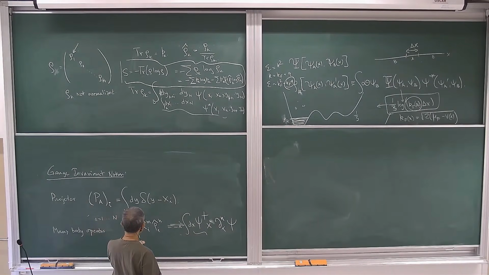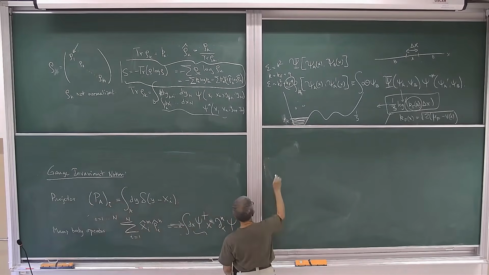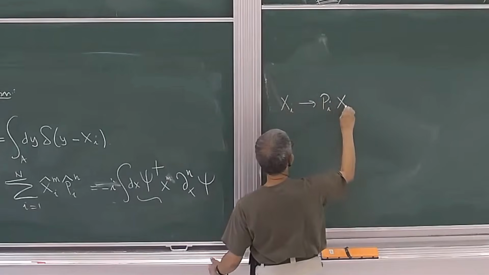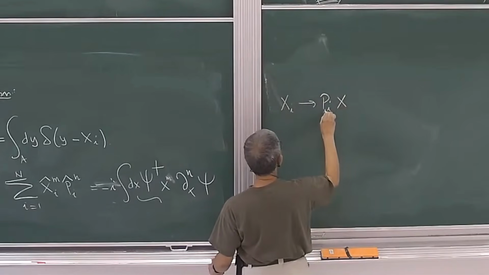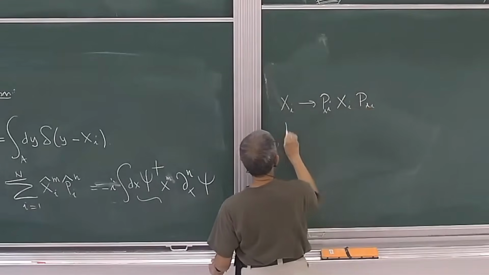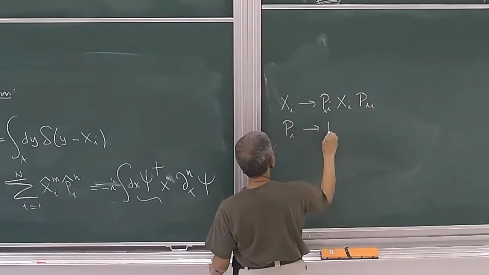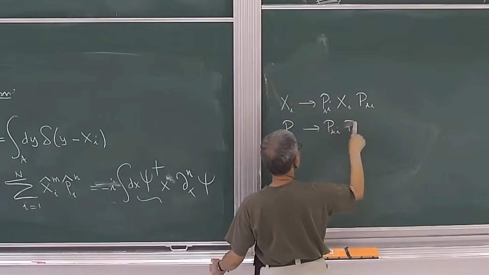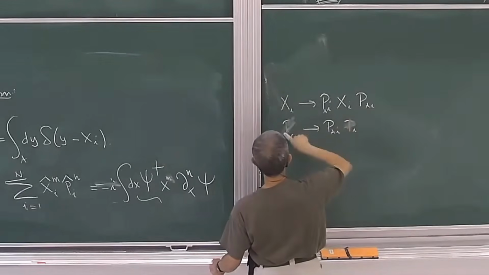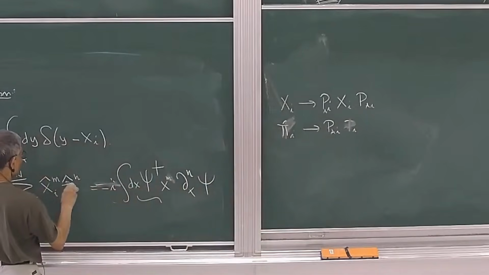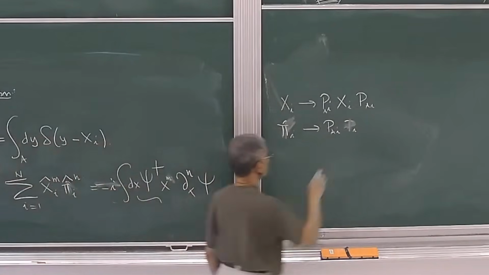Given some operator like this, you replace it with an operator where all the x_i's are replaced by their projections, and all the p_i's are replaced too. Let's call it pi, the conjugate momentum.